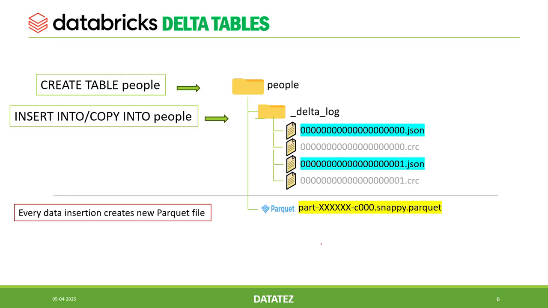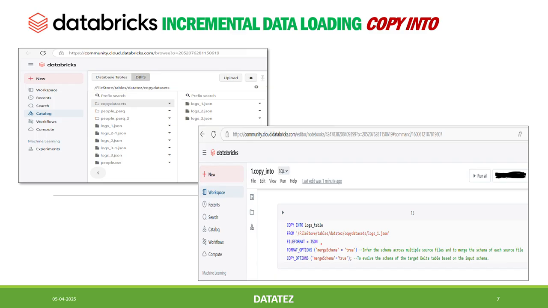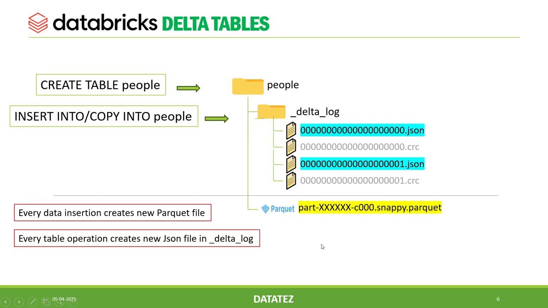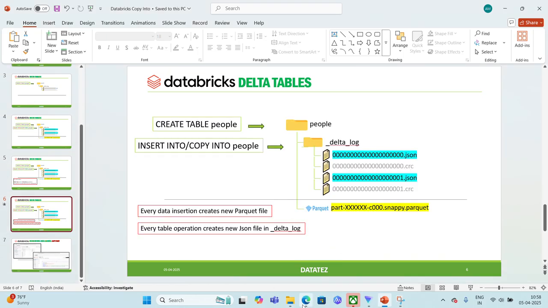Every data insertion creates a new Parquet file. Every table operation that we perform creates a new JSON file in the _delta_log. So that was the brief intro to Delta Lake.